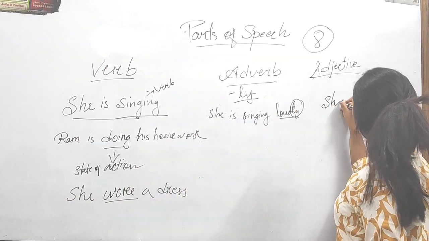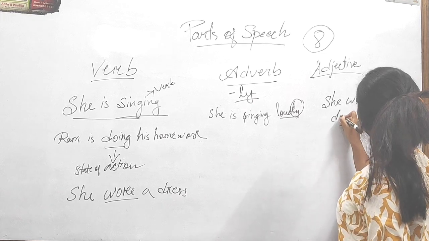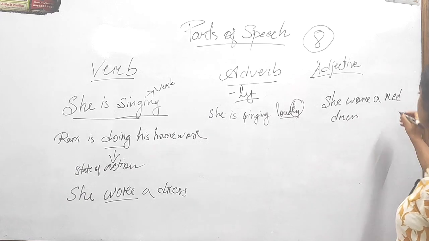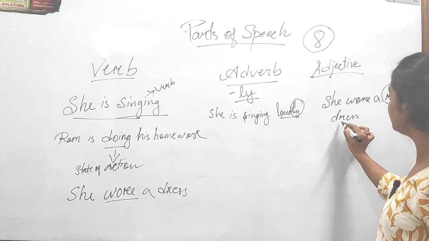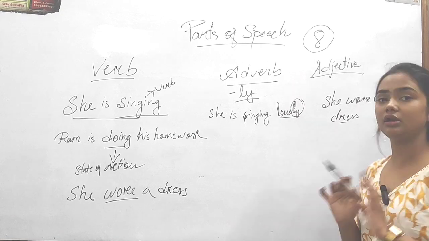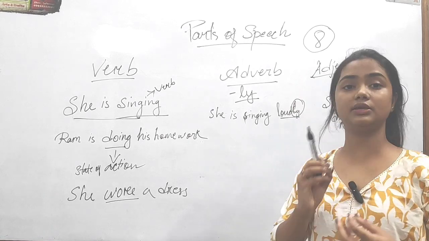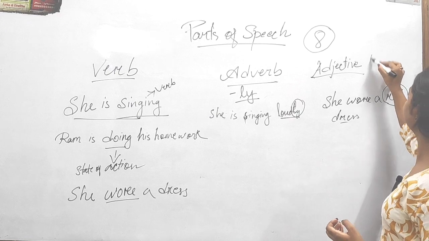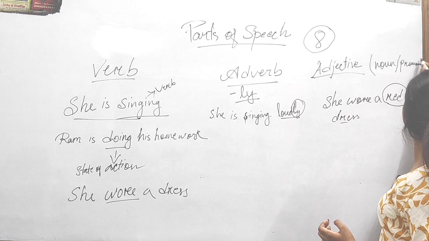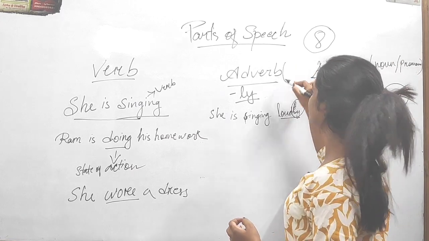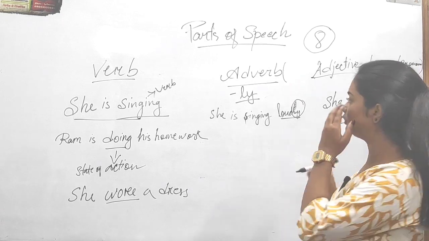Now, she wore a red dress. This red is your adjective. It is giving meaning to your noun, dress. Dress is your noun. An adjective usually gives meaning to your noun and pronoun. And adverbs give meaning to either a verb or an adjective or an adverb itself. Okay?